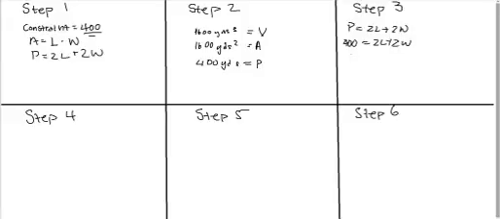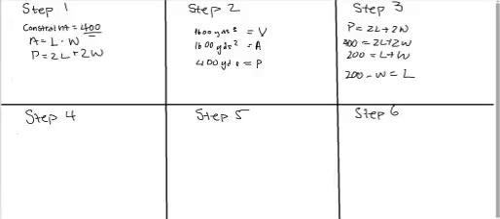We can divide by 2 and get 200 is equal to L plus W. And for this case, we are going to subtract over the width. And so we're going to say 200 minus W is equal to our L. And now we can move on to step 4.